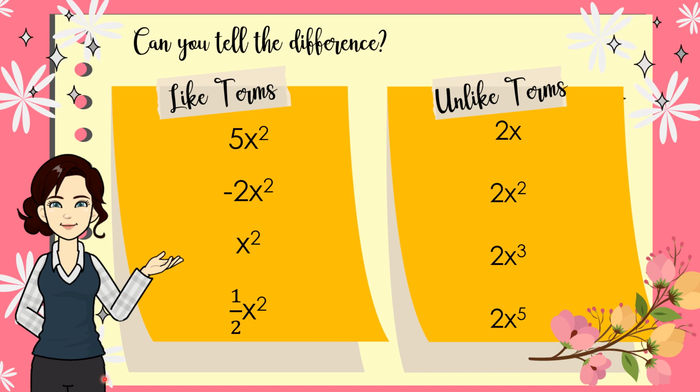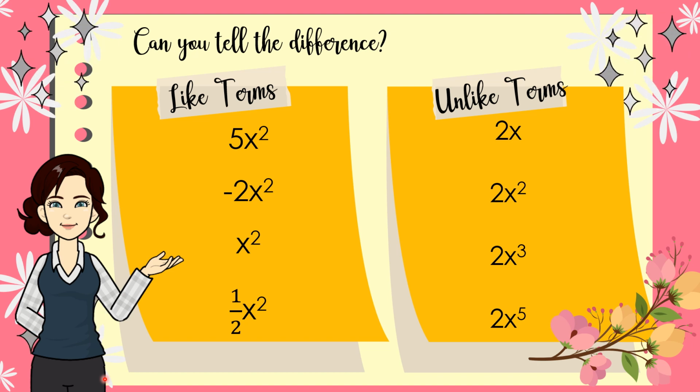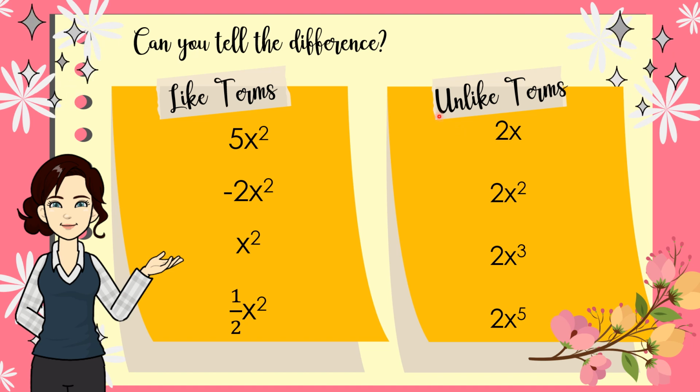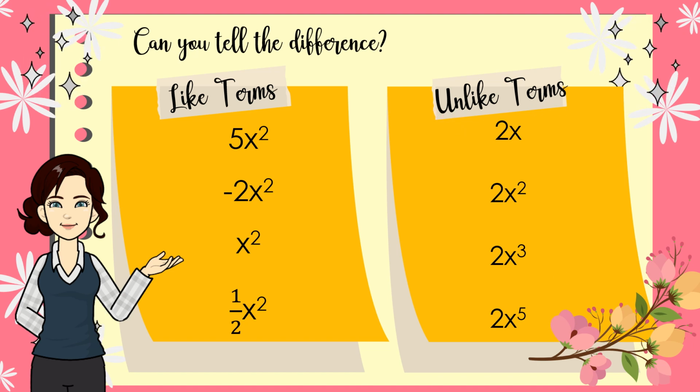Always remember that for you to consider a term or terms to be like or similar, they should have the same literal factors. And if they do not have the same literal factors, therefore, they are said to be unlike terms or dissimilar terms.